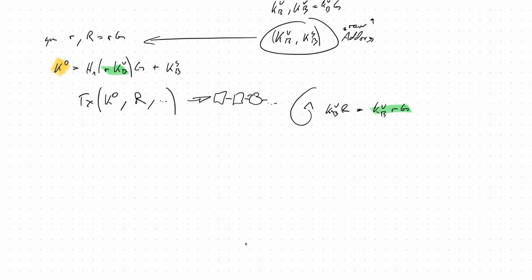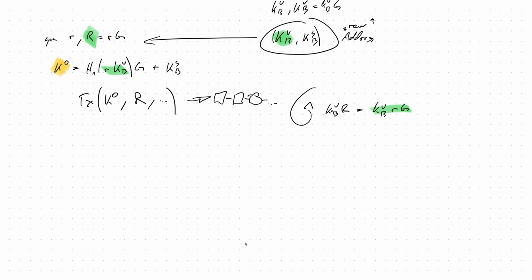Remember, this is basically a public key exchange between Alice and Bob, generating a shared secret. Bob sent his view key and Alice sent uppercase R, the random public key, basically. And what they're doing here is this calculation to generate a shared secret.